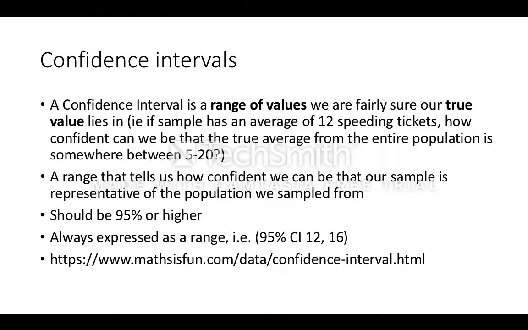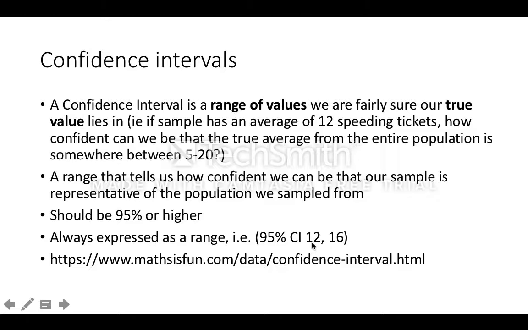Confidence intervals should always be 95% or higher, and they're always expressed as a range. You'll see this in many journal articles. They'll report the finding, and then in parentheses, 95% CI, which stands for confidence interval, and then two numbers with a comma separating them.